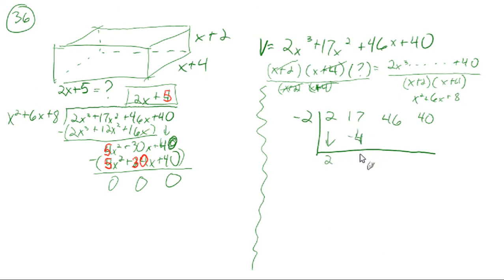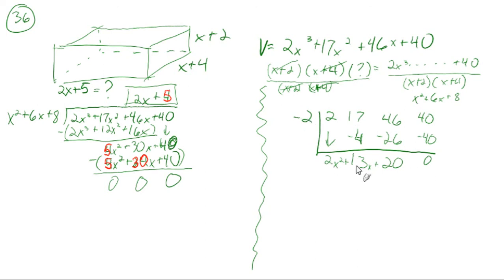Okay, so then we get 13. Negative 2 times 13 is negative 26. 46 minus 26 is 20, and negative 2 times 20 is negative 40, and we get 0. Okay, so what this means is 2x squared plus 13x plus 20 is the result of dividing this by x plus 2.